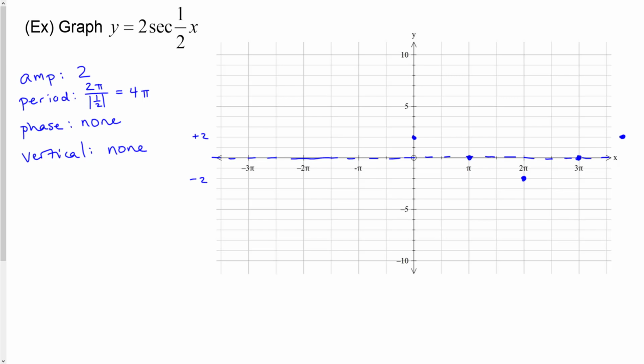And as you get comfortable with drawing these graphs, you can do things like that. Or if you want to, just kind of think of the cosine wave. You have to kind of know that cosine starts at its maximum and then goes back here and reaches its maximum by 2 pi.